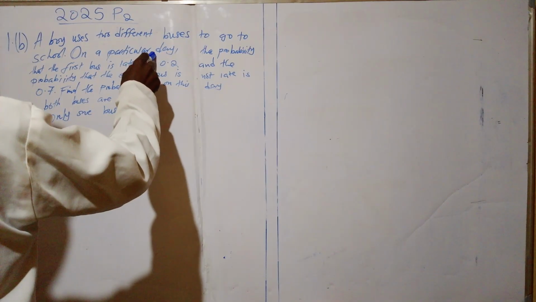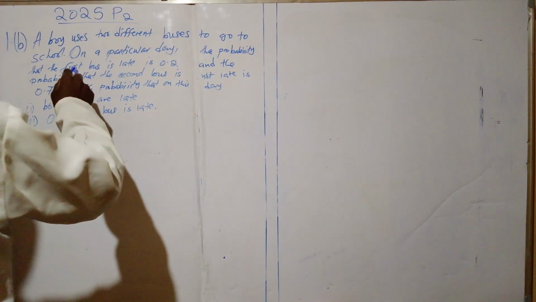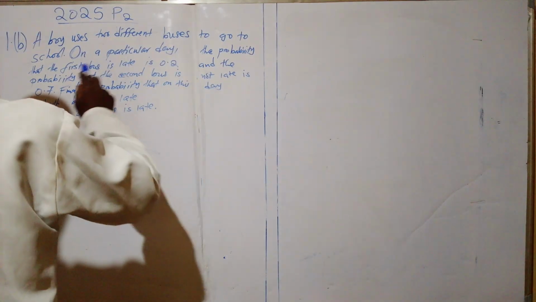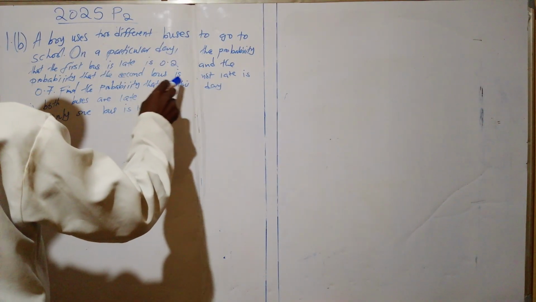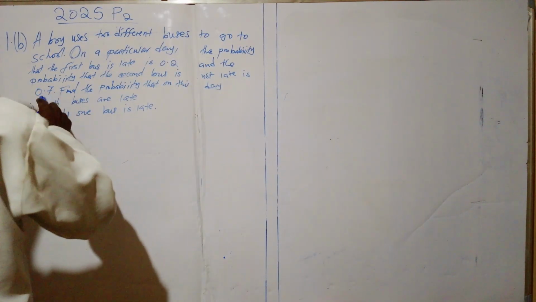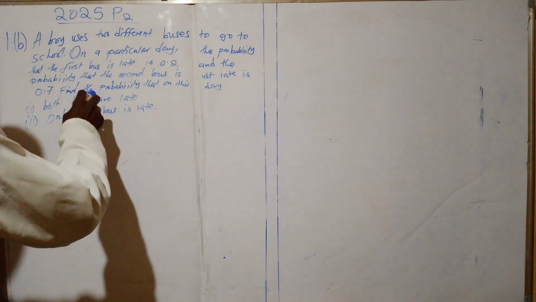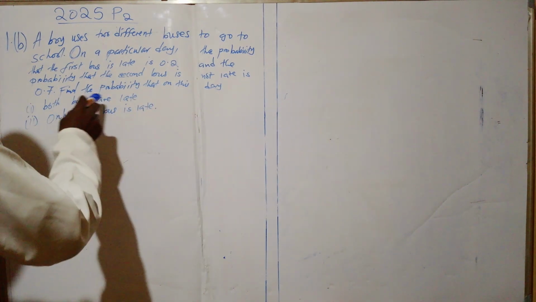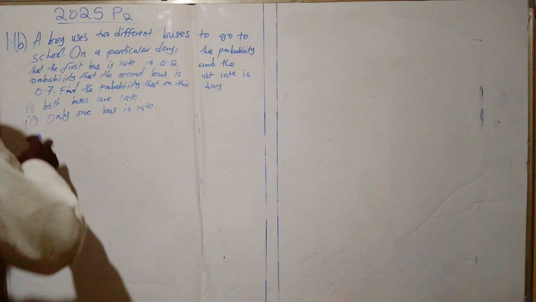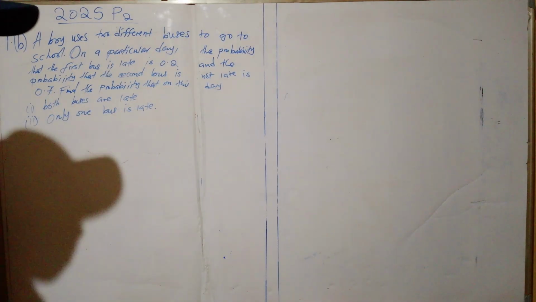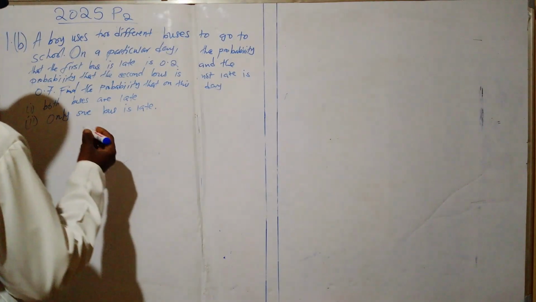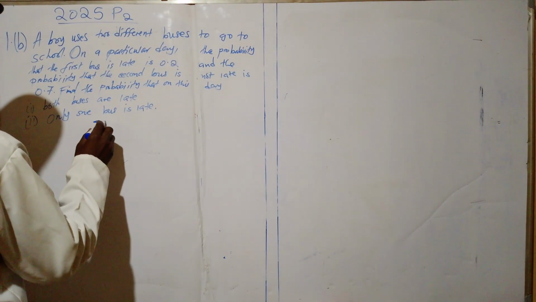On a particular day, the probability that the first bus is late is 0.2, and the probability that the second bus is not late is 0.7. Find the probability that on this day, 1, both buses are late. Then number 2, only one bus is late. How do we solve this question? Let's go on to the solutions.